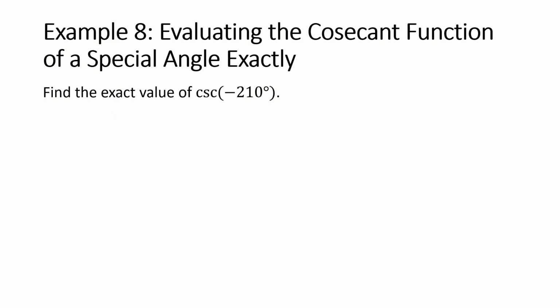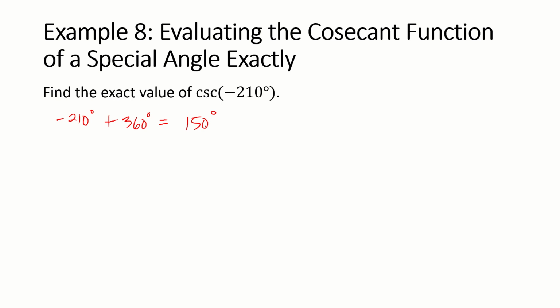So, how will you change it into its positive version na angle measurement? We just have to add negative 210 degrees with 360 degrees. And you will get 150 degrees for that.